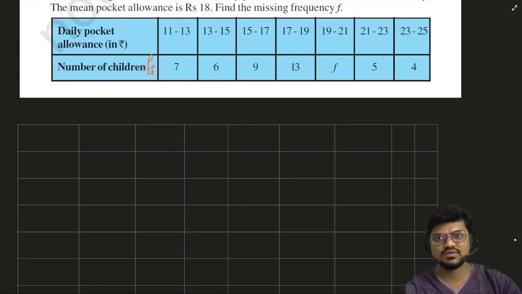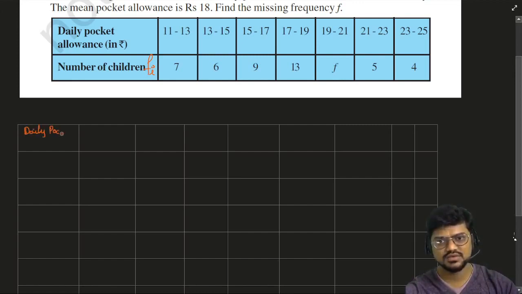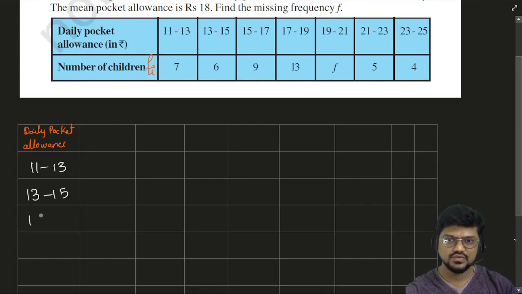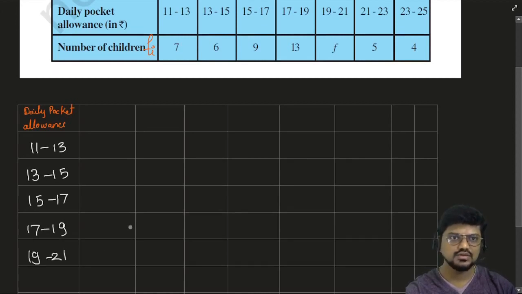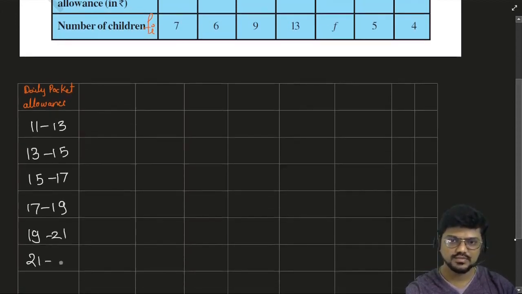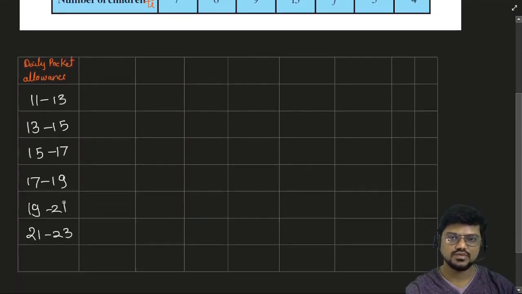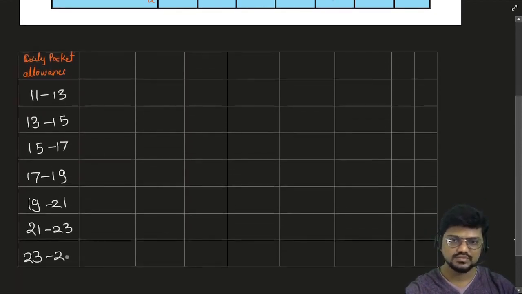First they have given daily pocket allowance, so we'll write daily pocket allowance, from 11 to 13, from 13 to 15, from 15 to 17, from 17 to 19, from 19 to 21, from 21 to 23, and from 23 to 25.